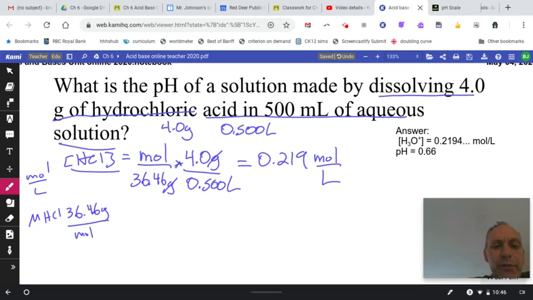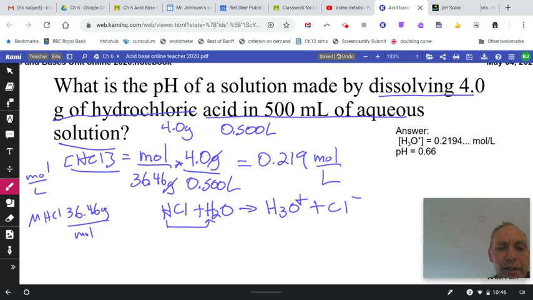Now the question is asking for pH, so I need to get the concentration of hydronium. We know from modified Arrhenius that hydrochloric acid in water will react with water to make hydronium and Cl minus. So if I have, and let's go 2 sig digs, 0.22 molar HCl, I can use stoich, 1 hydronium for every 1 HCl, so it's going to be the same.